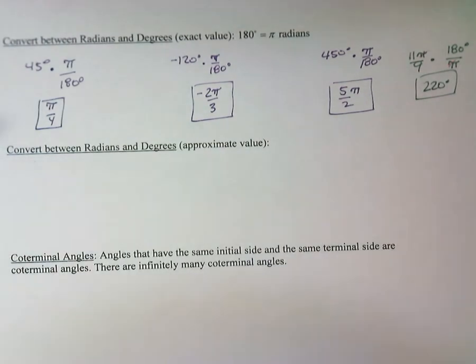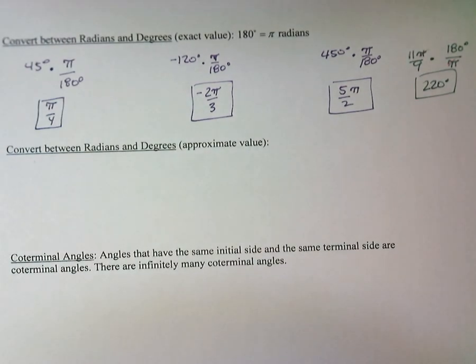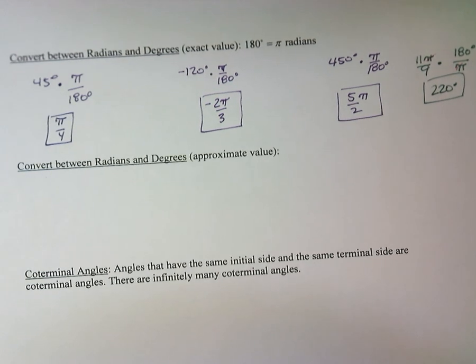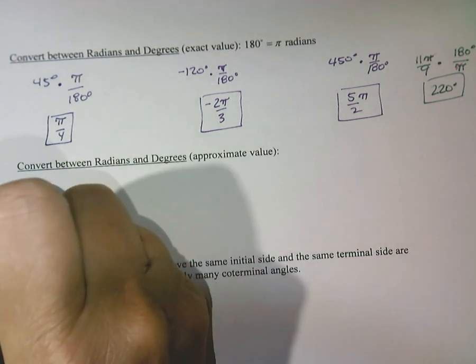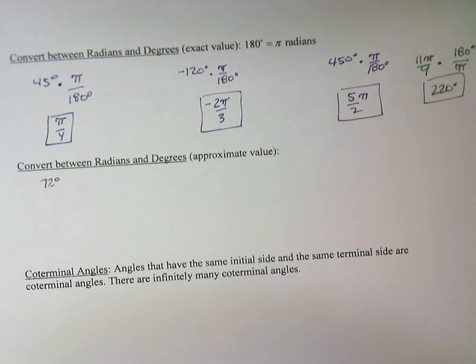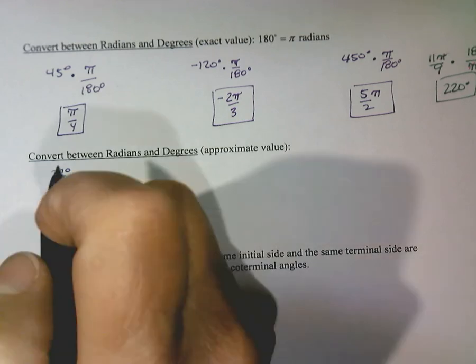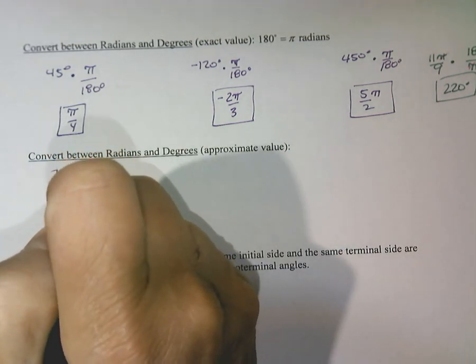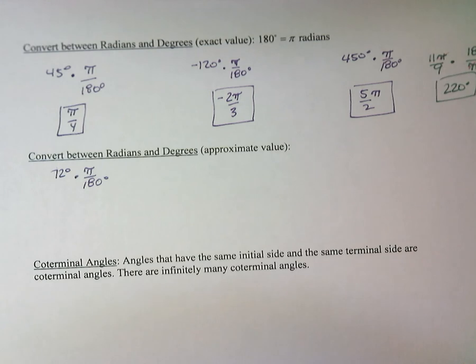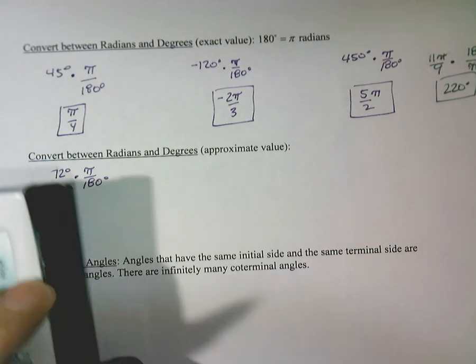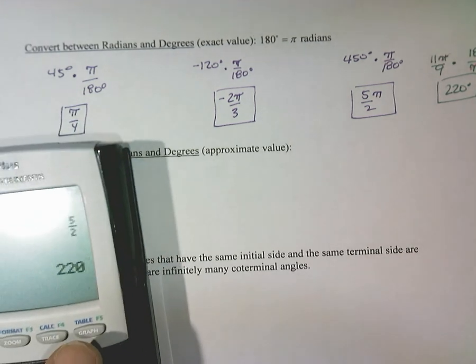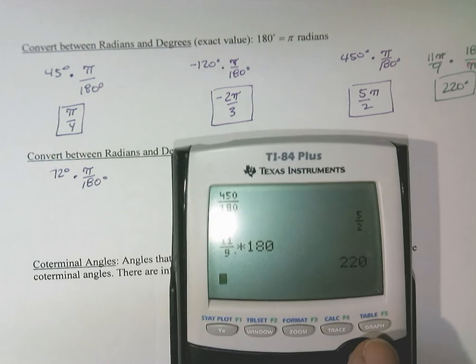Now let's look at converting between radians and degrees, approximate value. So if I had 72 degrees, and I want to convert that to radians, I'm going to multiply by pi and divide by 180. So the difference is here, I actually want to use the pi symbol.